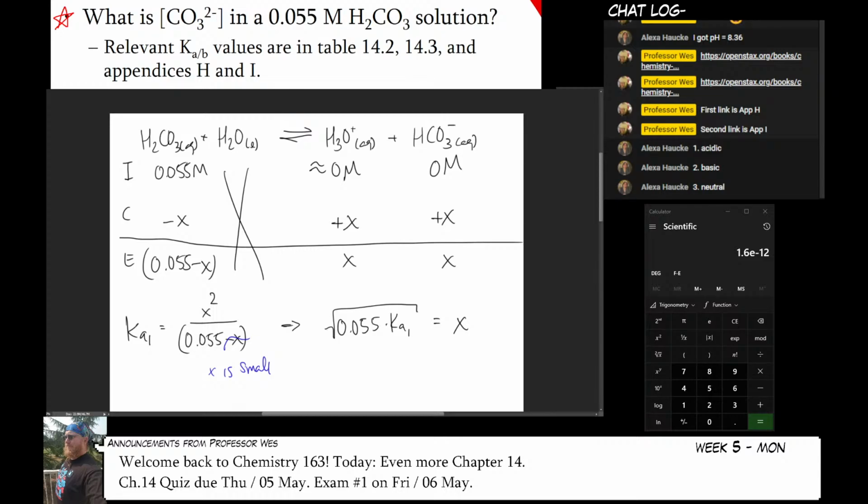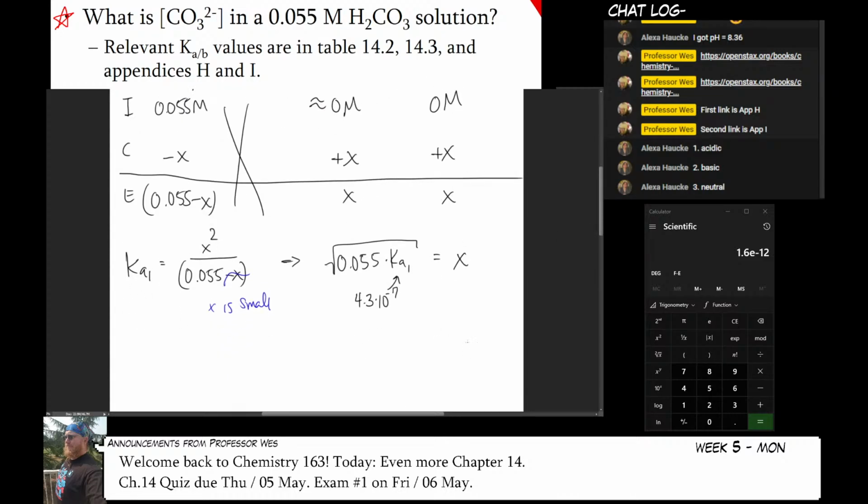So that is 4.3 times 10 to the minus 7. So odds are good that this is small. There we go, 4.3 times 10 to the minus 7 times 0.055, square root.